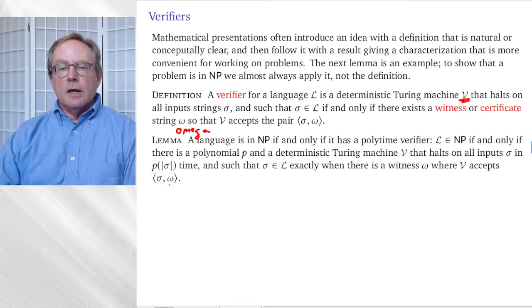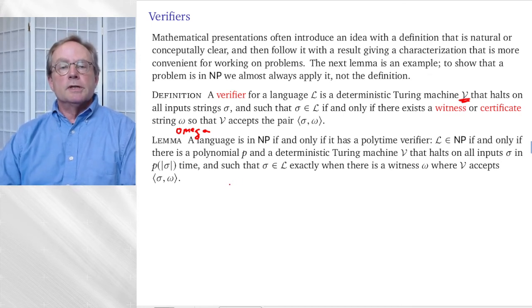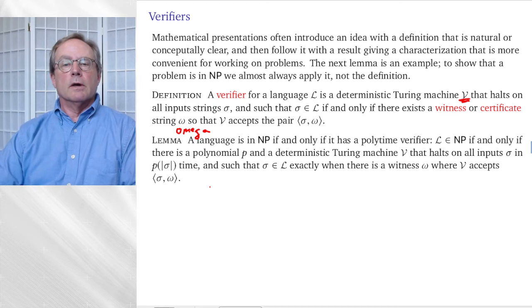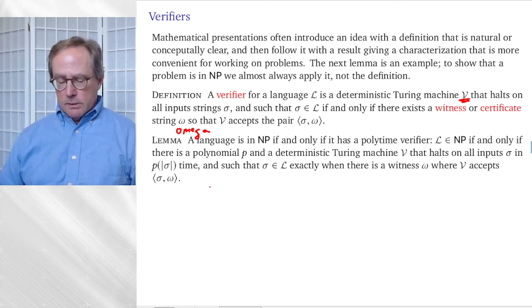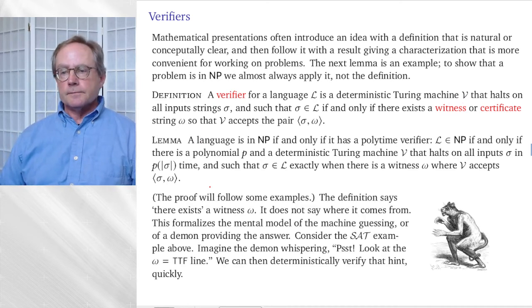The second is some kind of hint, witness, certificate. So the daemon says to you, psst, try the TTL line. And you can quickly try the TTL line. So that is to say, you can, in polynomial time, on a deterministic machine, verify that indeed sigma is in the language.